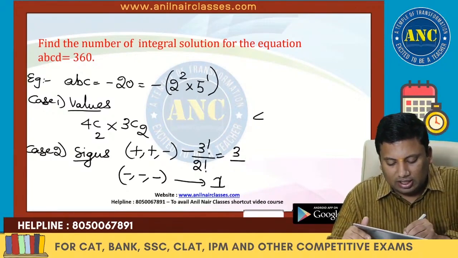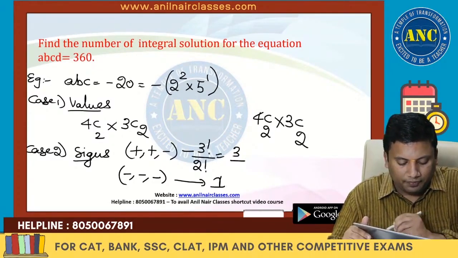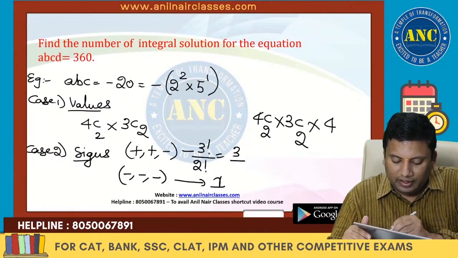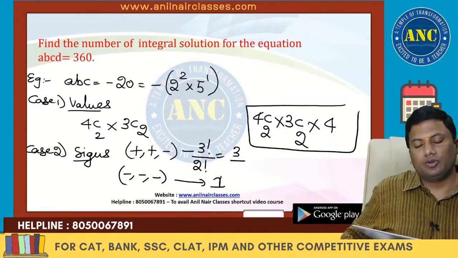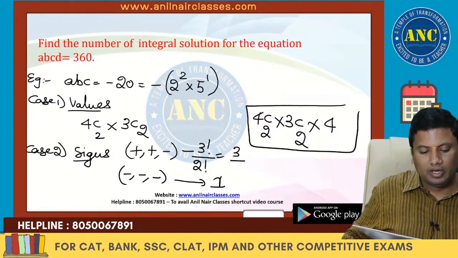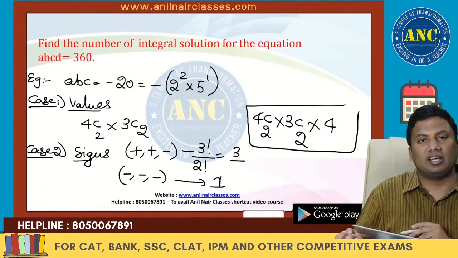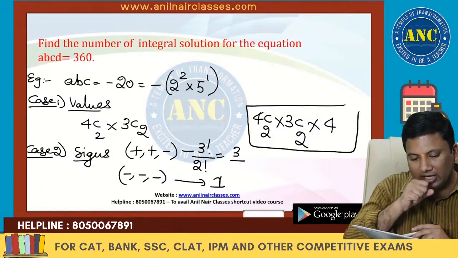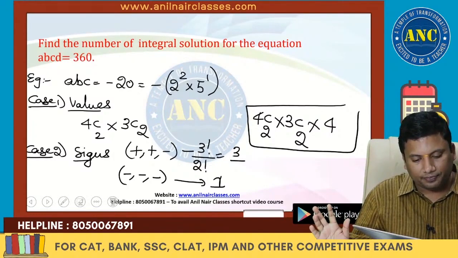So the answer is 4C2 into 3C2 into 4. If the right hand side is negative, please make a note, sir. Case number 1 is values, case number 2 is signs. I hope the idea is clear, right?